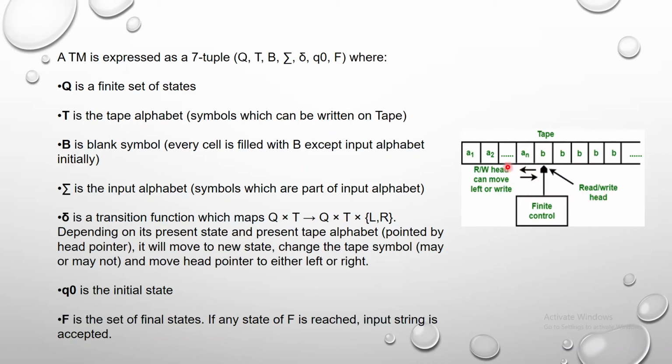Each cell contains either an input symbol or a blank symbol. It also has a head pointer which points to the cell currently being read, and it can move in both directions, left or right.